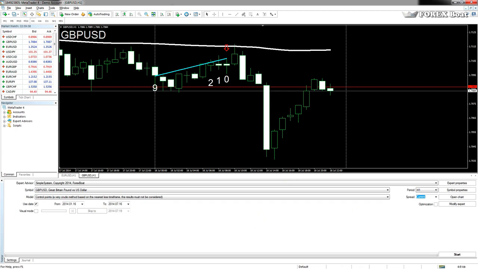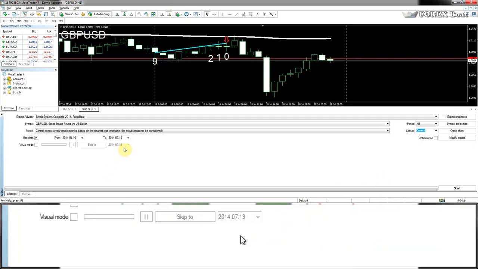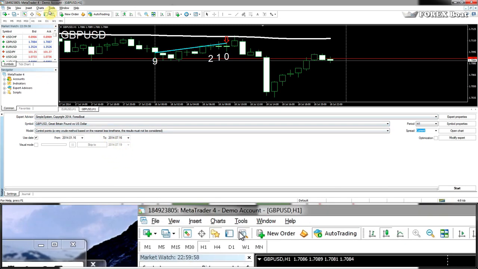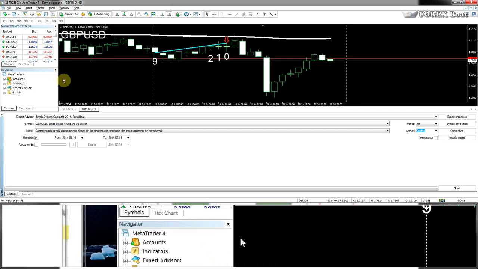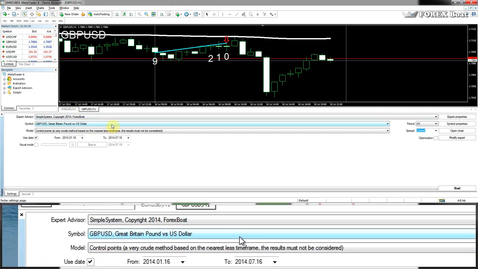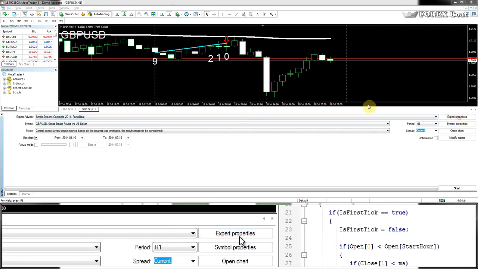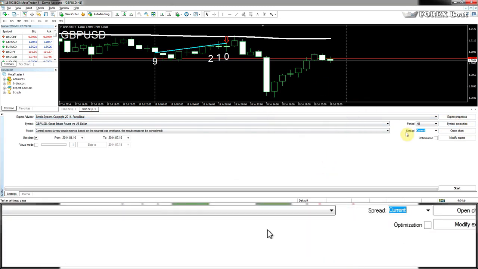So I'm going to bring up the magnifier so that you can see what I'm doing, and I'm using the strategy tester over here, and I'm going to select our simple system. There it is. Expert properties I'm not going to change, they can stay the same.